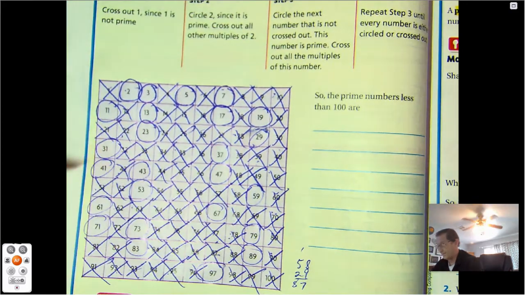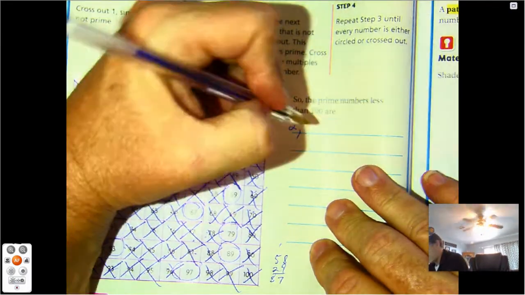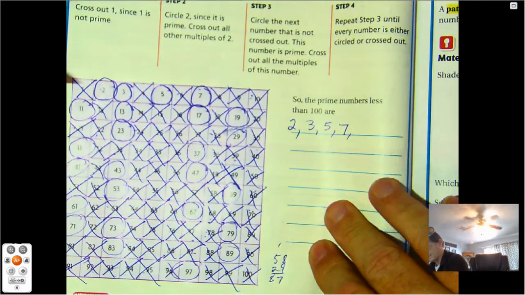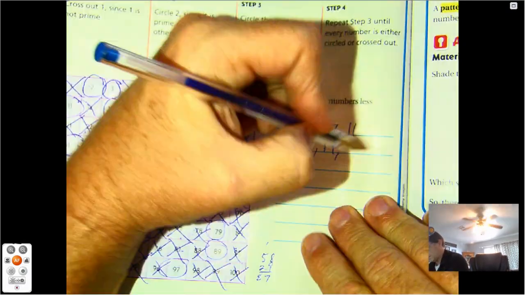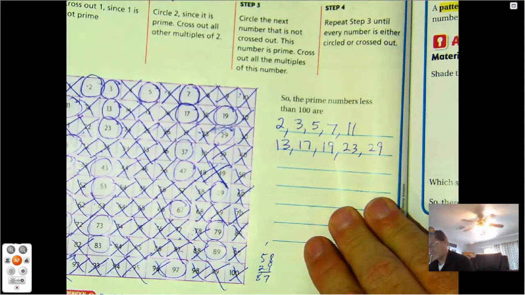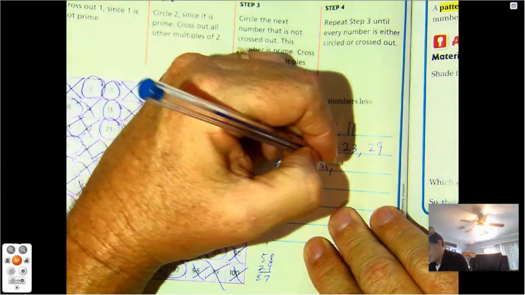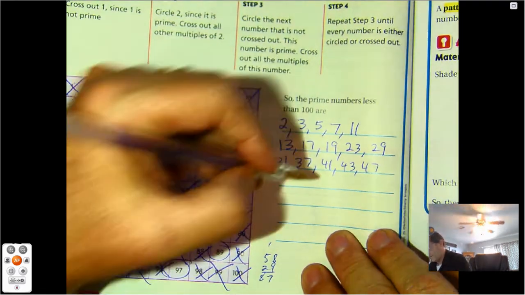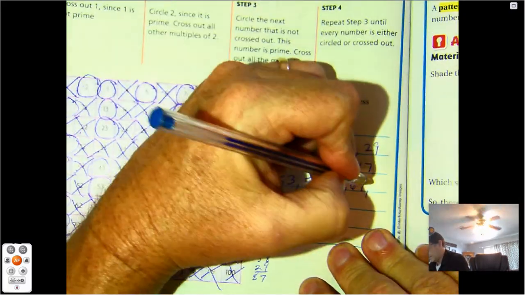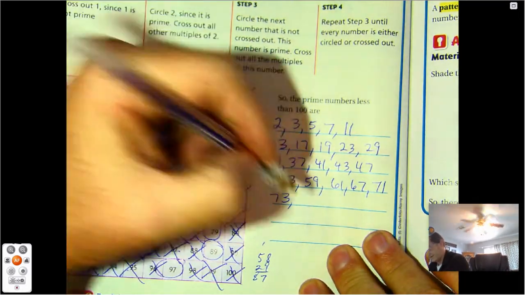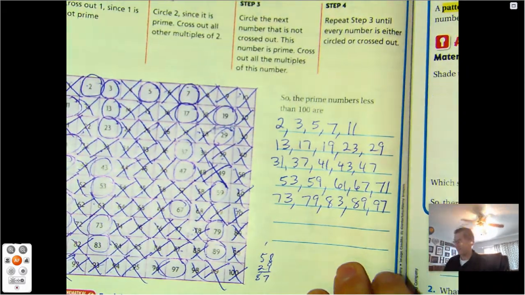So the prime numbers less than 100 are 2, 3, 5, 7, 11, 13, 17, 19, 23, 29, 31, 37, 41, 43, 47, 53, 59, 61, 67, 71, 73, 79, 83, 89, 97. So 25 prime numbers out of 100 numbers.